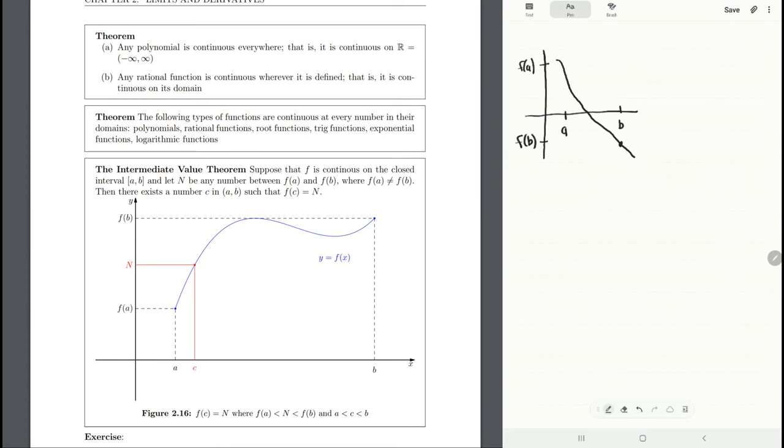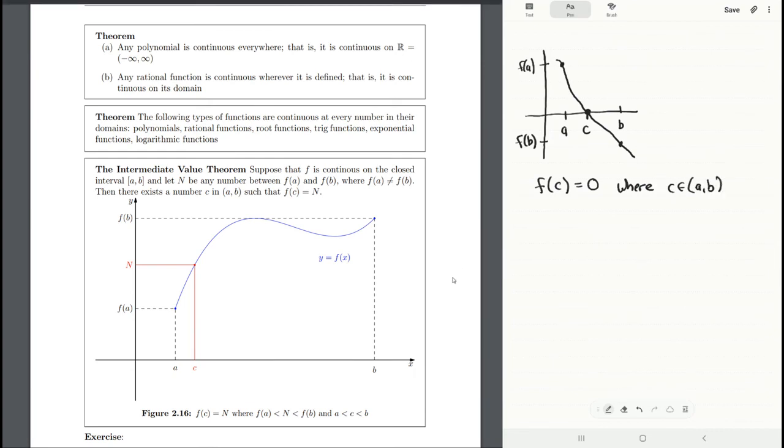And if f is continuous from a to b, then the function has to attain a certain value. It has to pass through the x-intercept, meaning that the function has to be 0 for some value c within a and b. So the intermediate value theorem is useful for locating the roots of a function.